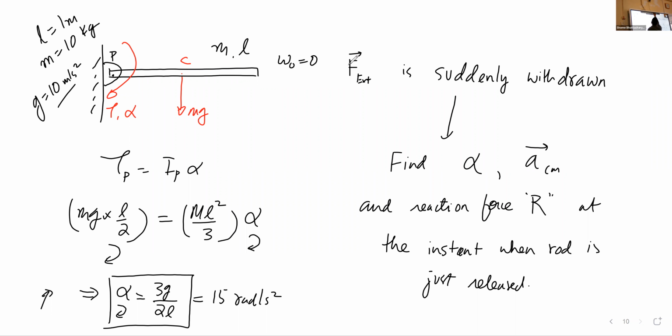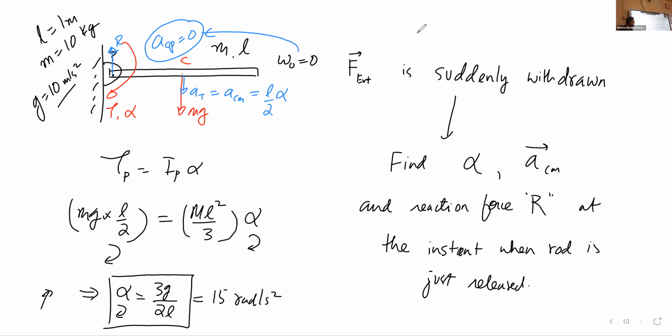Now the interesting thing is there will also be still some reaction force at the hinge, because you can see that the center of mass will have a tangential acceleration. That will only be the acceleration of the center of mass, because centripetal acceleration will be 0. Why? Because omega is 0. The center of mass at that instant is starting its circular motion at a radius of L by 2. So how much will be that tangential acceleration? It will be L by 2 alpha.